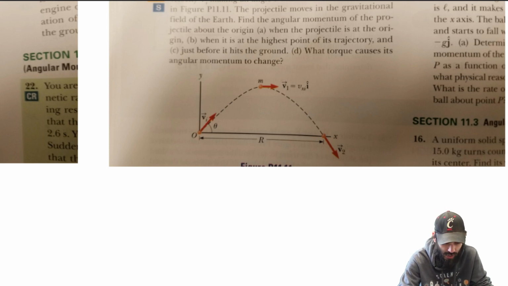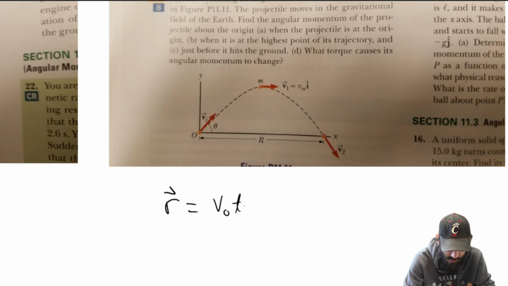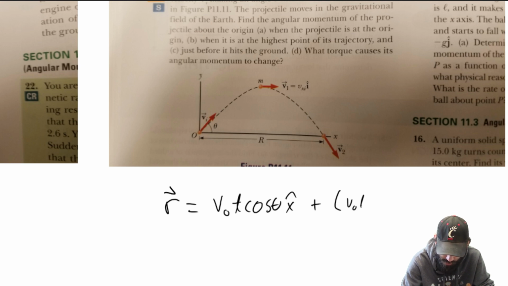So what we're going to have here is r vector, and I'm just going to write this out because we found this before. R vector is going to be equal to v0t cosine of theta times x hat plus v0t sine of theta minus 1/2 gt squared times y hat.